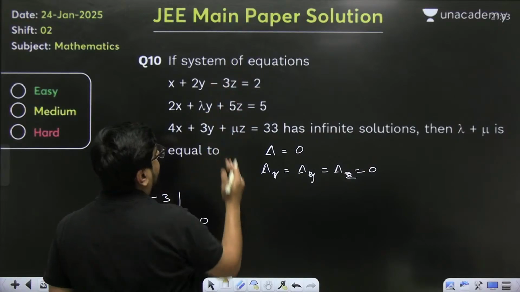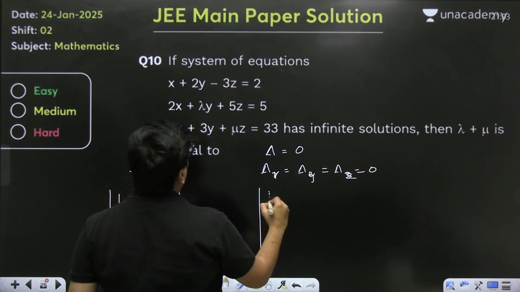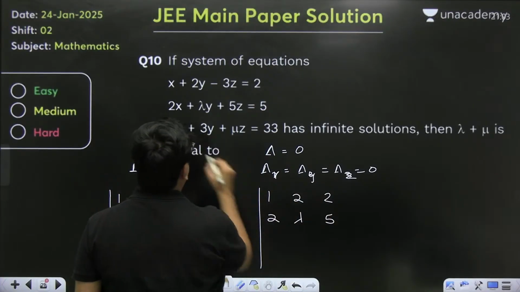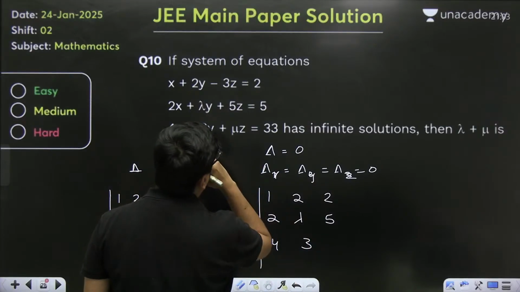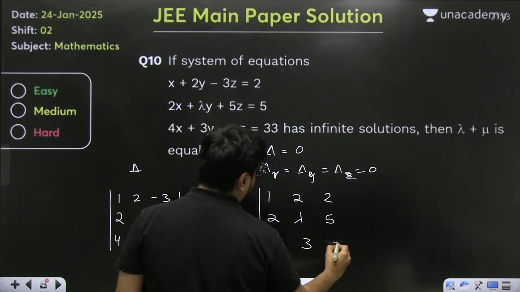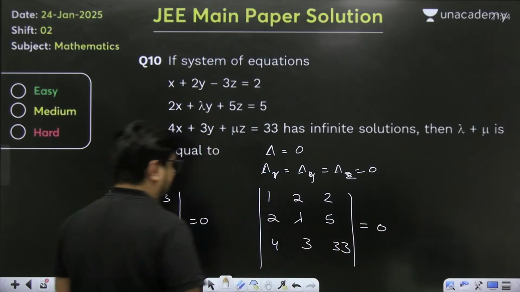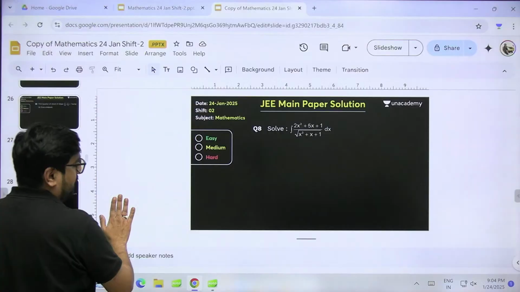So delta z, if we want to put, what will be the determinant? Instead of z, we'll put everything. So 1, 2, 2, 2, lambda, 5 and 4, 3 and 33. So I think from here we'll directly get the value of lambda. I don't think we'll need to do this.